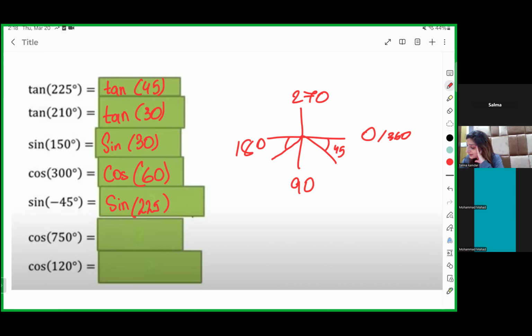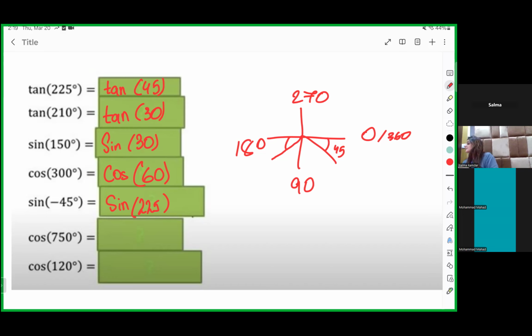You will calculate this angle. It again intersects here. You will calculate this angle. But we want right now only one. I hope you're with me. Its equivalent angle is cos 30. Okay, fine.